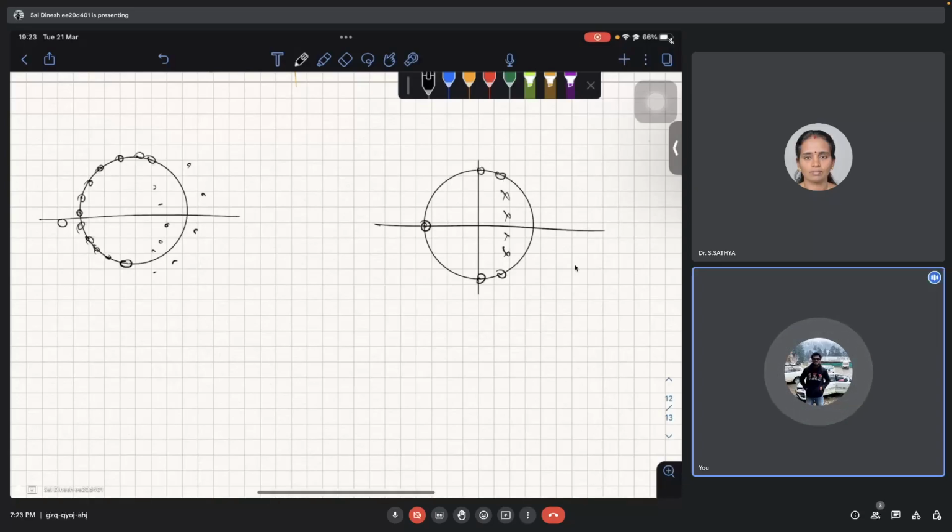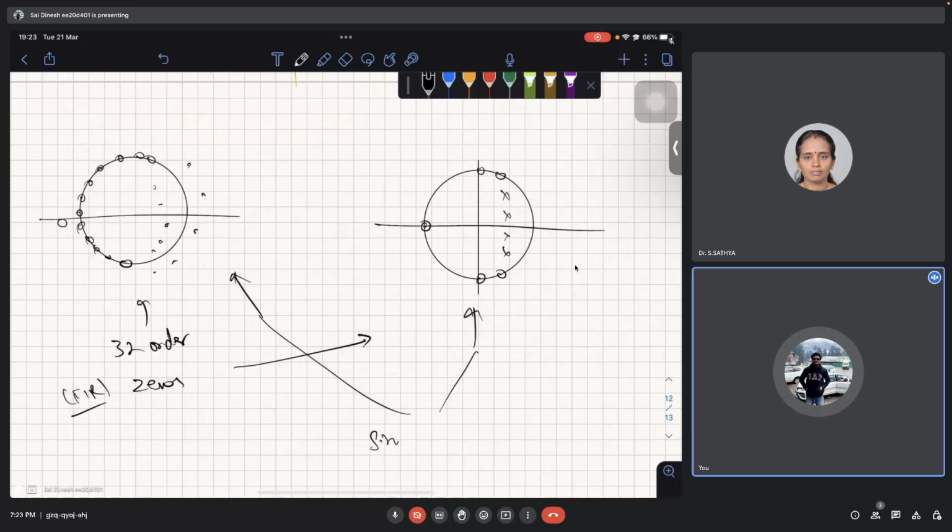So a 32 order FIR system is almost equivalent to having both poles and zeros with a very small number of them. The frequency response generated by this and this is similar, not exactly the same, but similar.